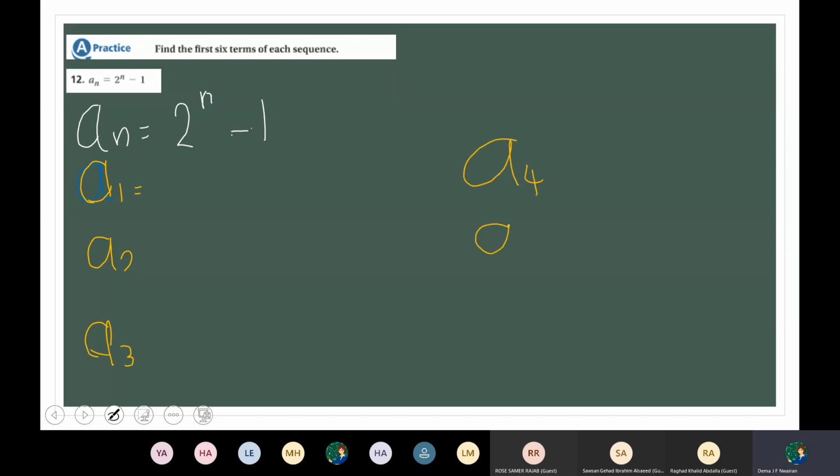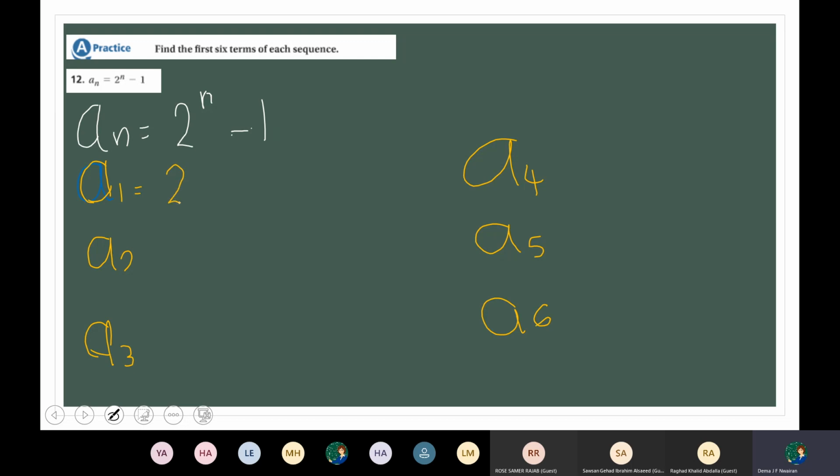Let's do number 12. Find the first 6 terms of each sequence. You have A of n is 2 raised to n minus 1. So I need to find A1, A2, A3, A4, A5, and A6.